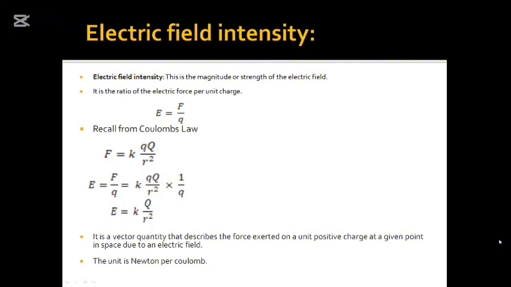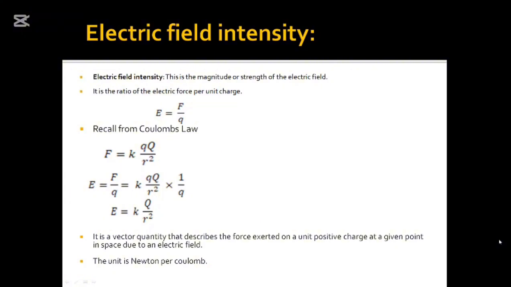The 1 over q is that divided by q. Remember, F is there as the whole electrostatic force, represented by Coulomb's law. We drop it, then times my q at the denominator, which means 1 over q.